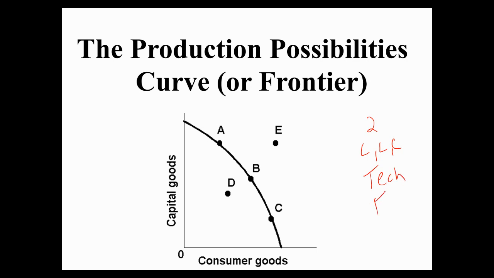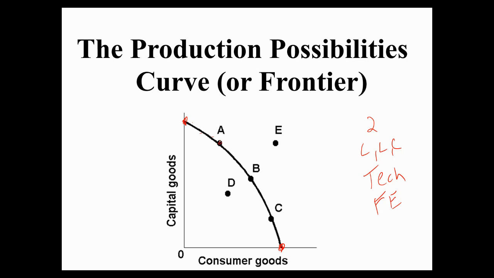We're going to say that we're at full employment. And if we're going to make two products, consumer goods and capital goods, this would be the basic production possibility frontier. And we said anywhere on this line, whether it's point A, B, C, anywhere on that line is the most efficient.